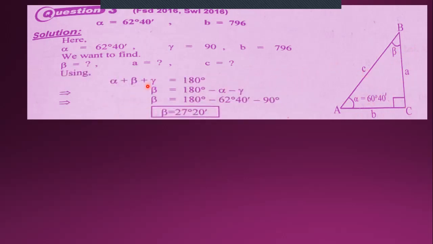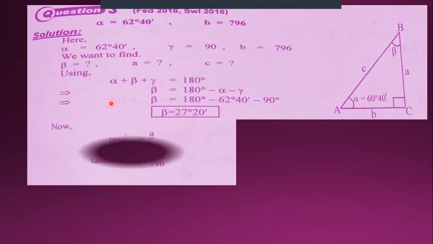Again, the easy thing is to find the angle. If we have two angles, we can find the third angle. In the same way, the third angle, that is beta, is found by taking alpha plus beta plus gamma equal to 180 degree. We have found beta equal to 27 degree 20 minutes. Then we will use tangent alpha because now B is given, so we can connect B to A and B to C. So A by B is equal to tangent alpha, in this form: tangent 62 degree 40 minutes equal to A over 796, and then you will calculate it.